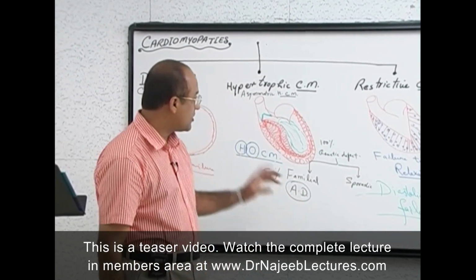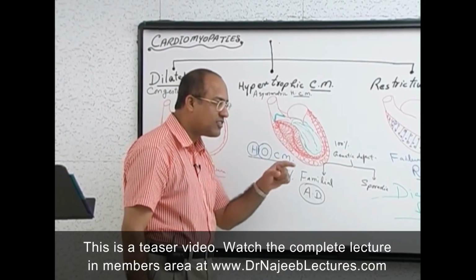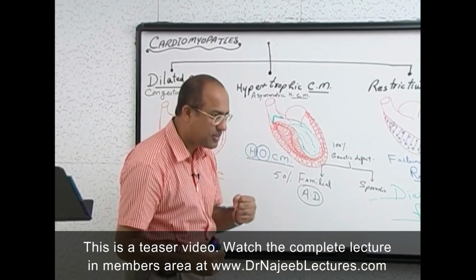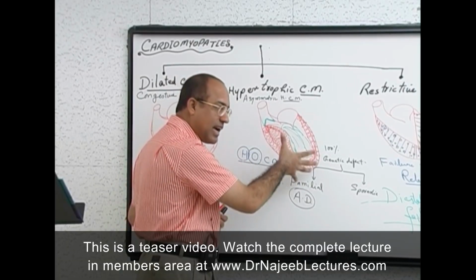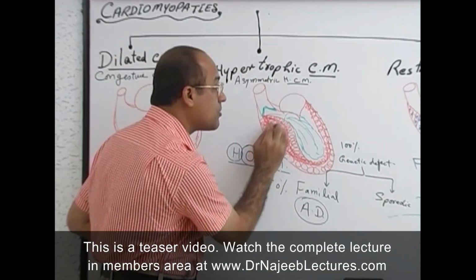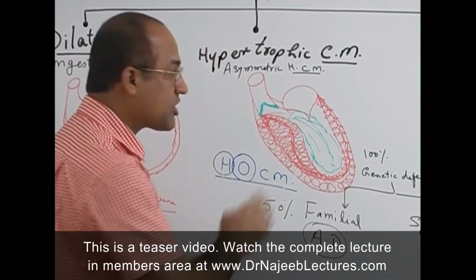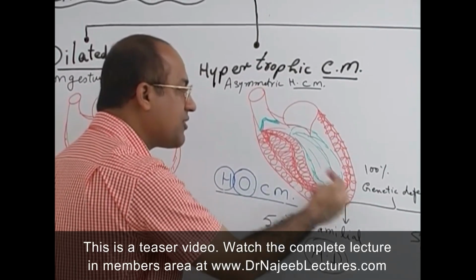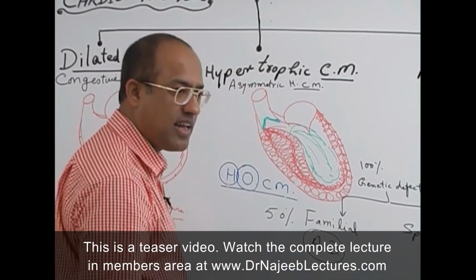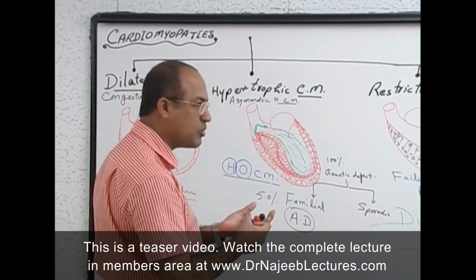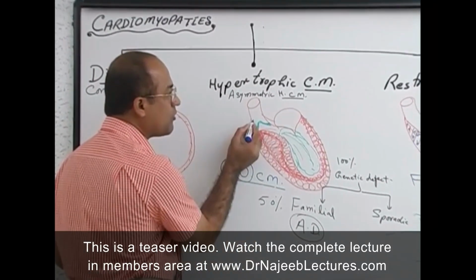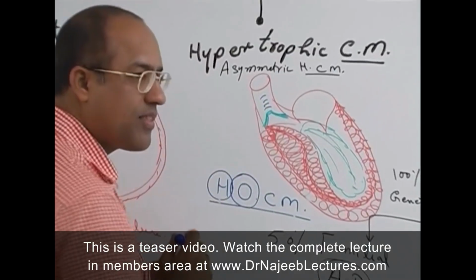Right? This is the most important cause. What is the reason? When they are doing a lot of physical activity, the heart becomes more dynamic, and if the heart is becoming more dynamic, obstruction becomes more pronounced. And when obstruction becomes more pronounced, it becomes more difficult to eject. Outflow will be less and aortic filling will be less.